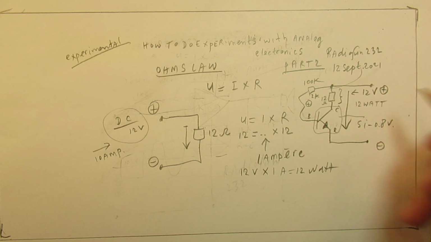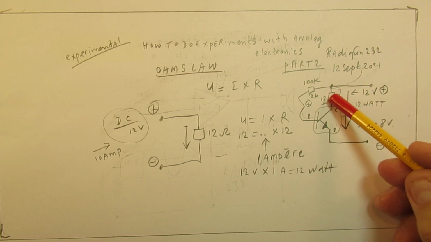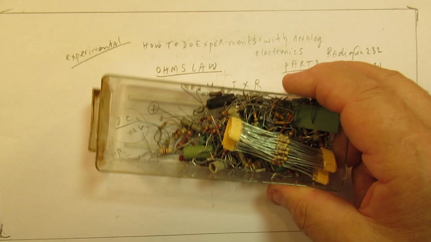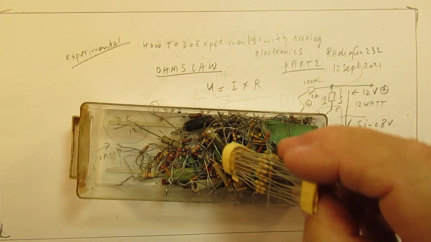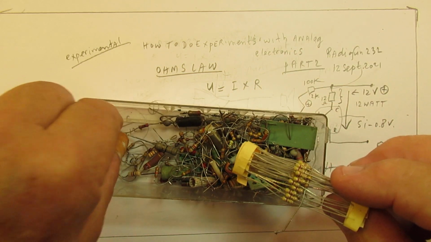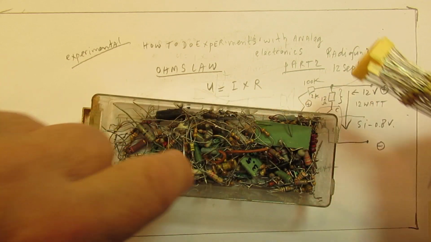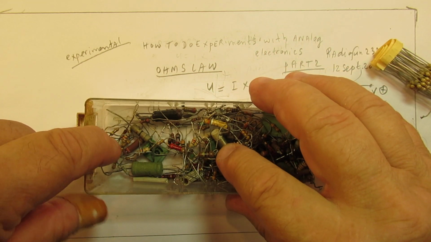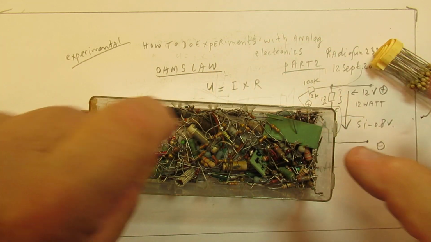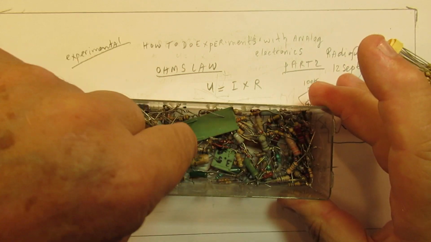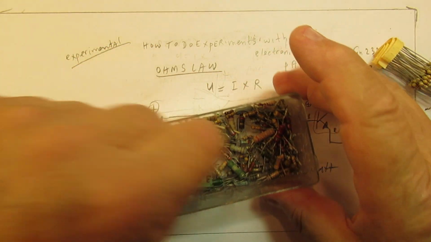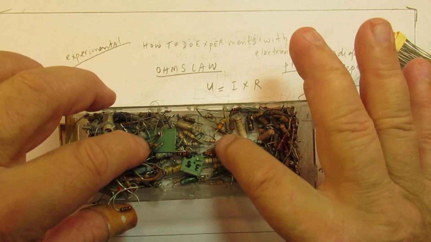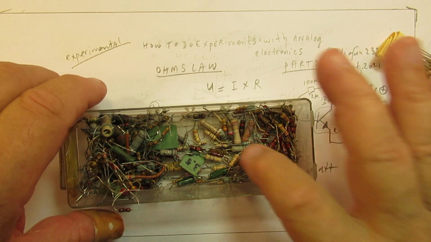That means that when you have a resistor of 12 ohms here, and take such a resistor in this range, in this order of magnitude of 10 ohms, and it is a low power resistor, it will immediately burn out.